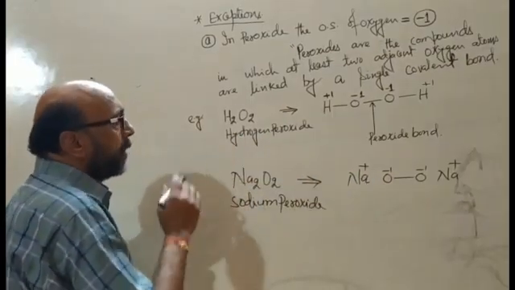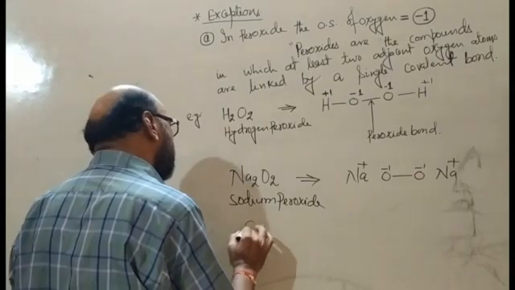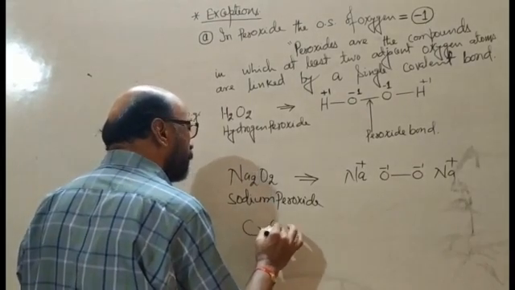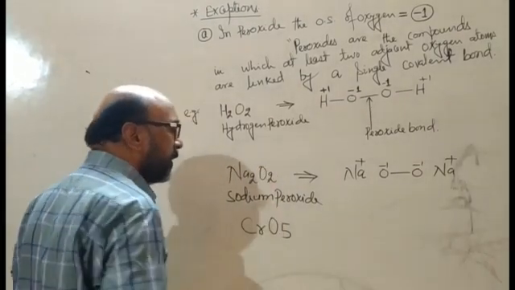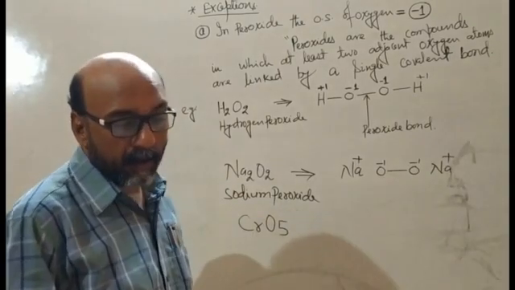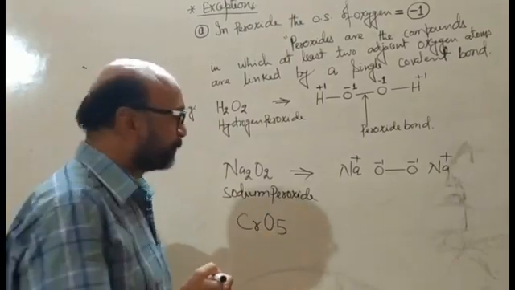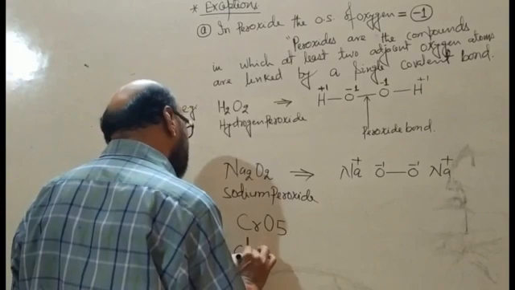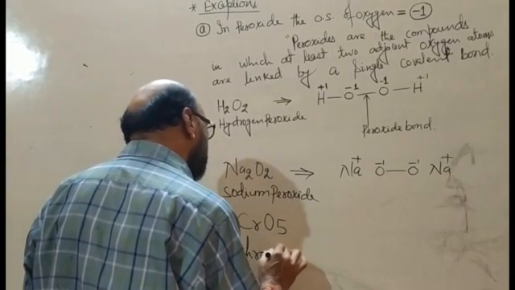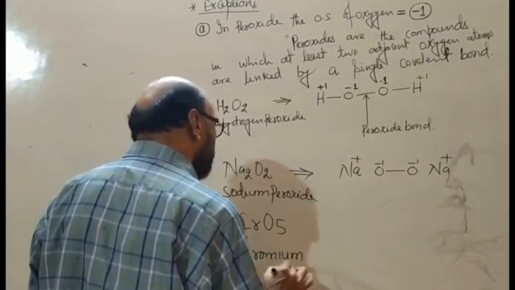The next example of peroxide is chromium peroxide, whose formula is CrO5.